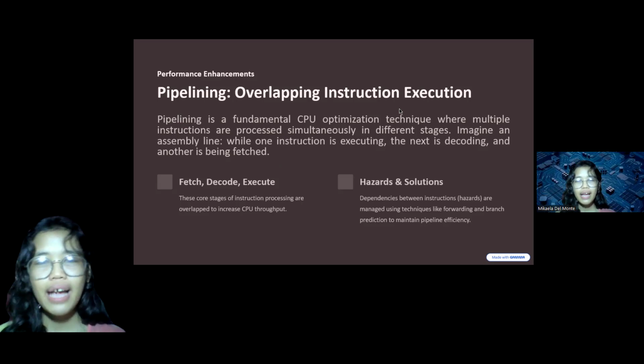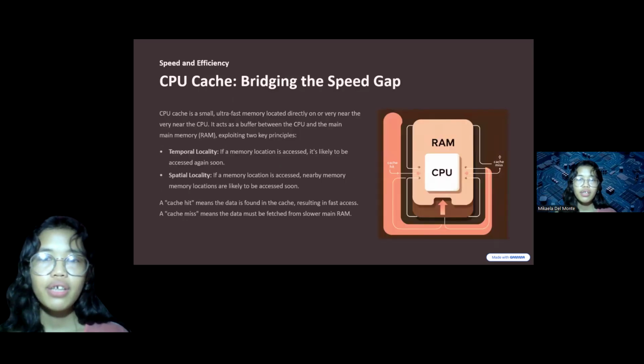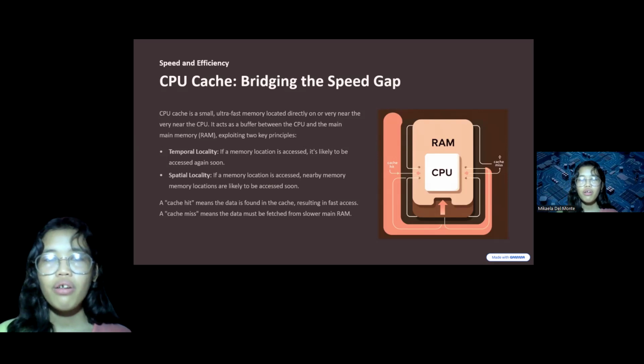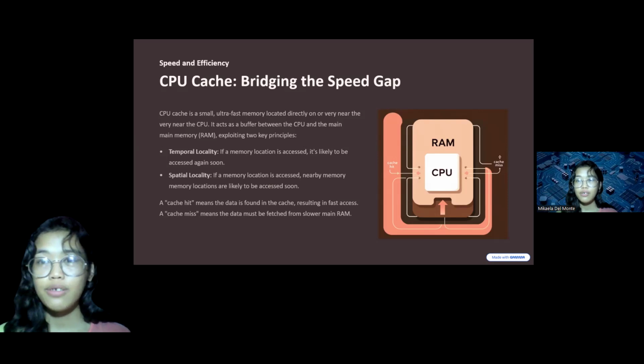For faster memory access, CPU cache was introduced, bridging the speed gap. The CPU cache is a small, ultra-fast memory located directly on or very near the CPU. It acts as a buffer. Basically, it is temporary storage for data the CPU is likely to access again soon.